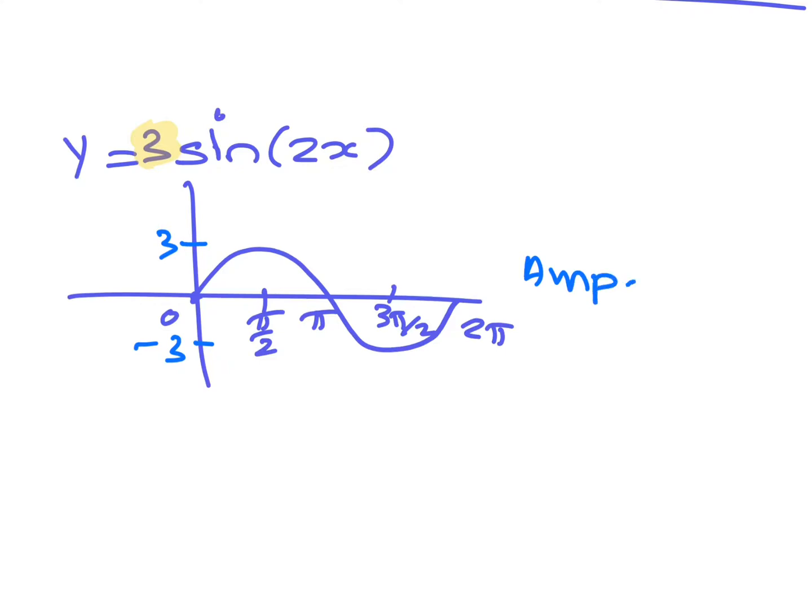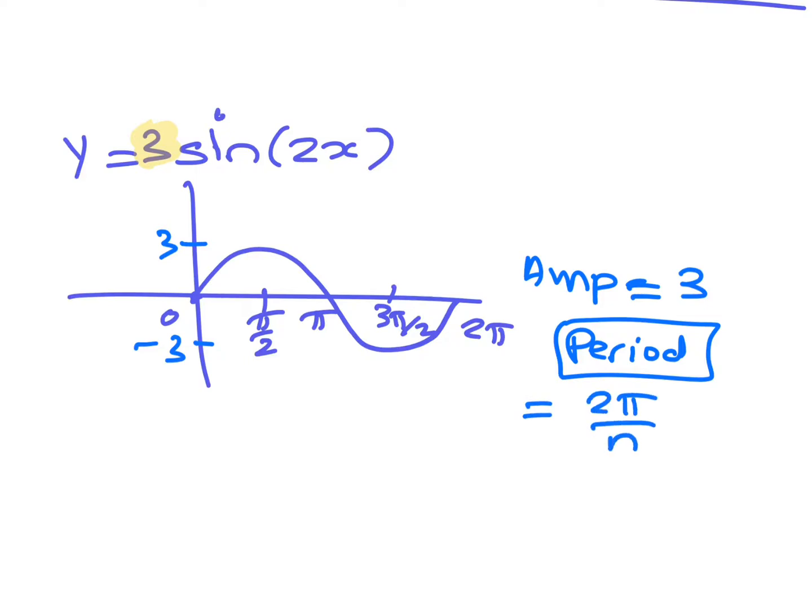And your amplitude here would be 3. Now your period for any sine graph is 2 pi on n. And the n is the number that is in front of the x. So the n here is 2. That means this graph is going to have 2 pi on 2, which is pi.